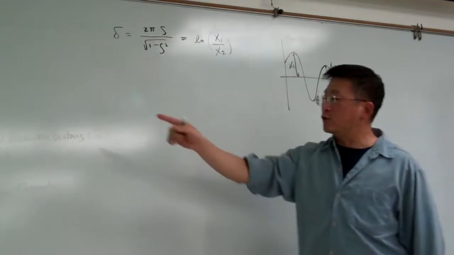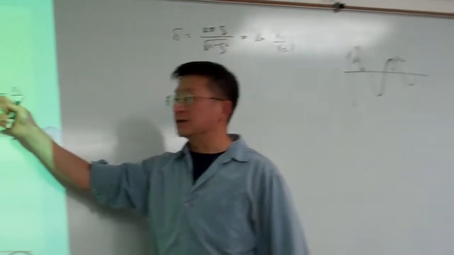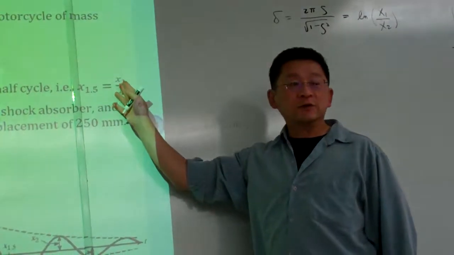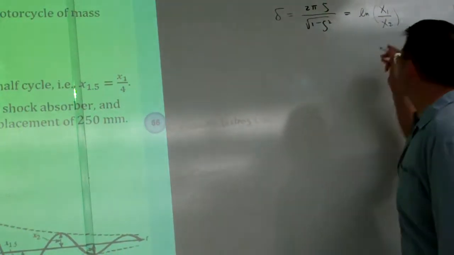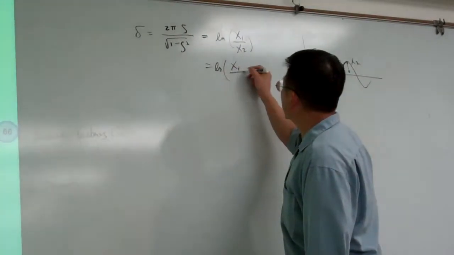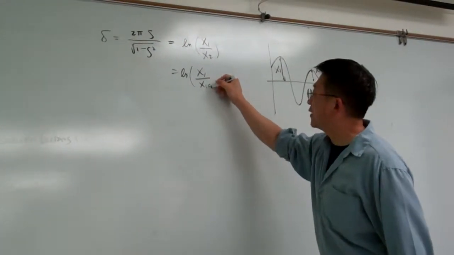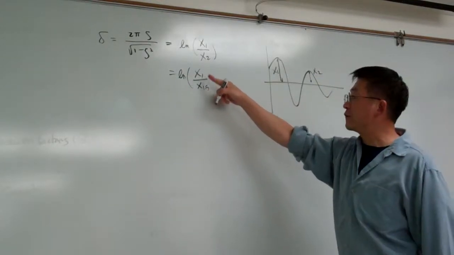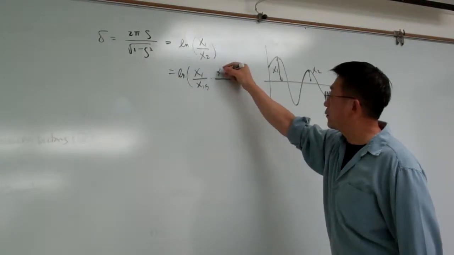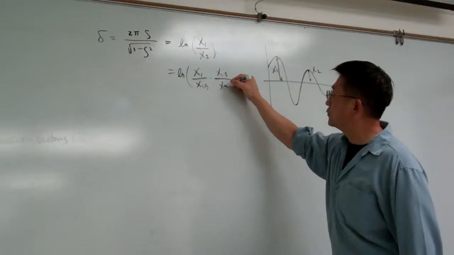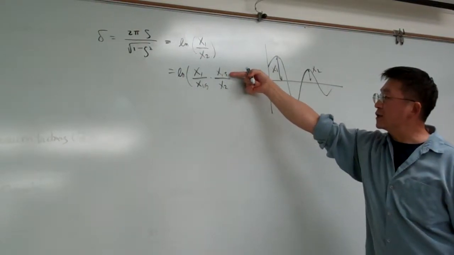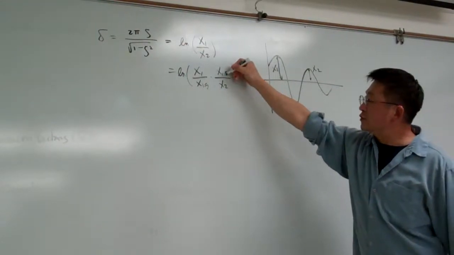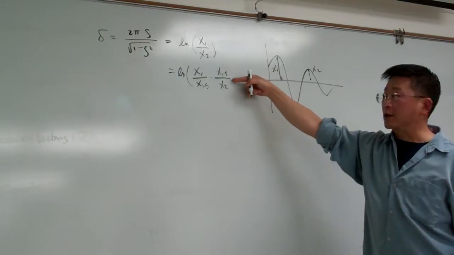Right now we are given the ratio between the amplitudes half a period apart. So here we can do a little manipulation: 1 divided by 1.5 at half period away, and multiply 1.5 cubed. Again, this is the ratio of the amplitudes half a period away from each other.